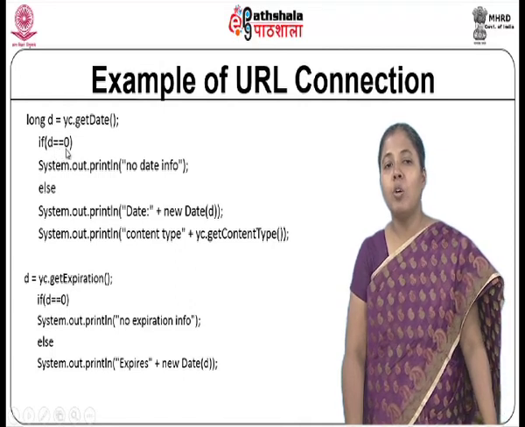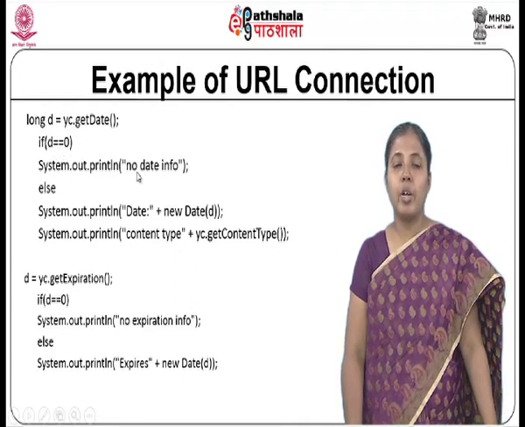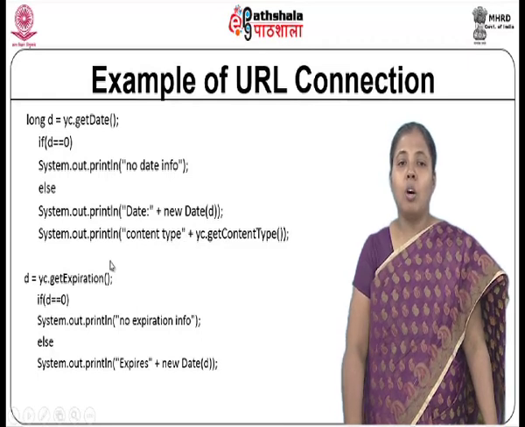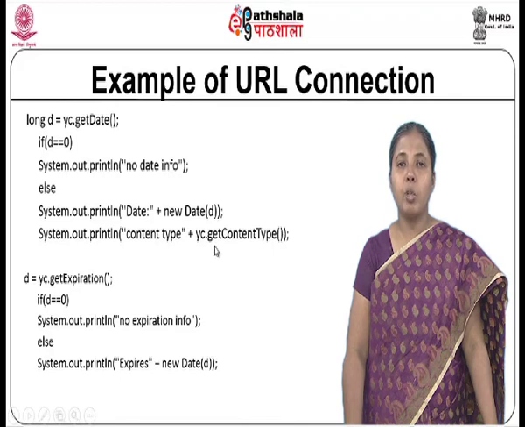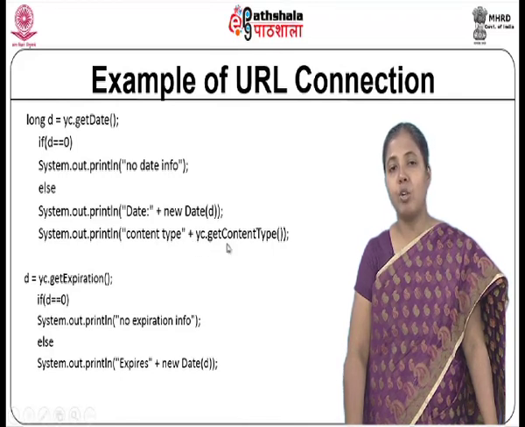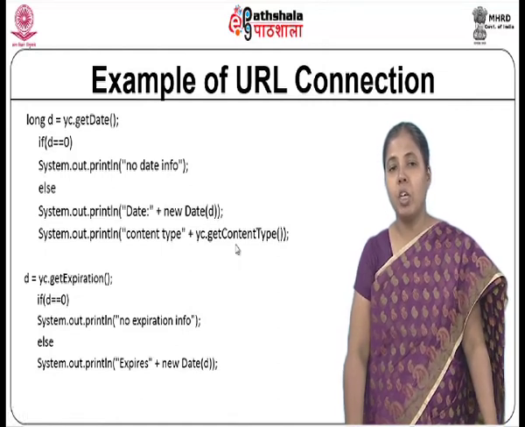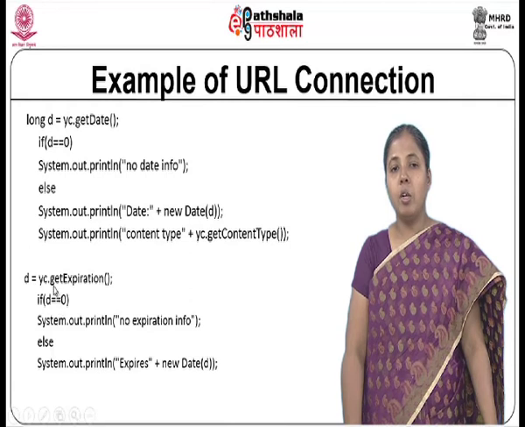So, if d equals 0, it prints no date information, else you create this new date object and then you print. Now, it also prints the content type. You can print the content type using the method called getContentType. So, the URL connection object yc.getContentType would print the MIME type of the content. And the third method we are testing is the get expiration date of the URL page, the web page.